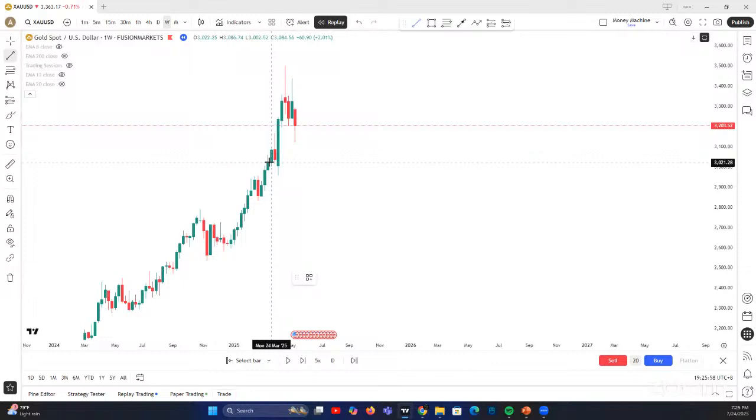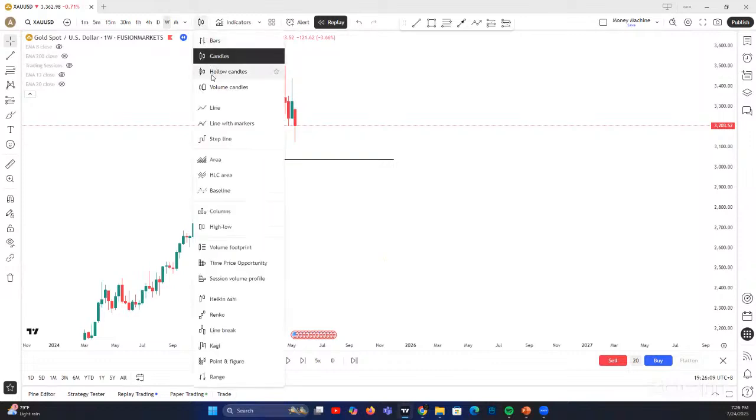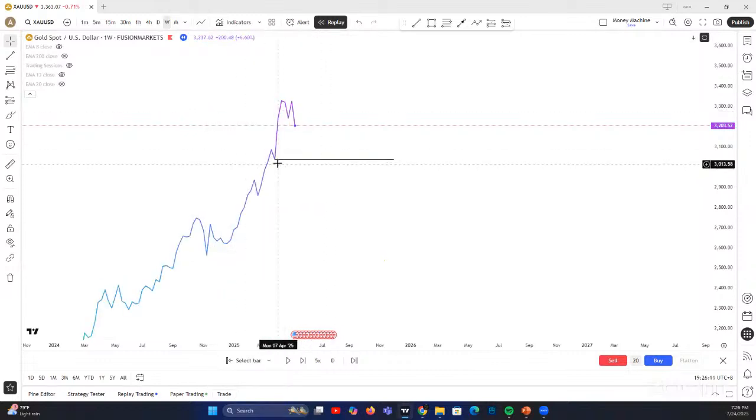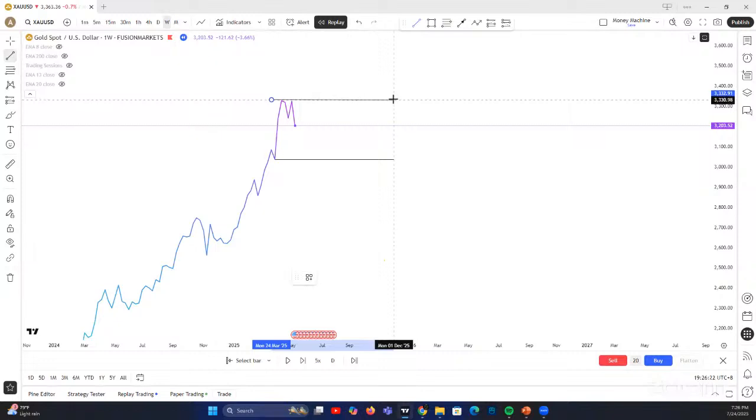You can always see there's the V level there on the weekly. We are on the weekly. So that's your V level. Go to the line chart and you will see it there. It never broke that. So we are still bullish, and on the weekly, this will be your trading range.